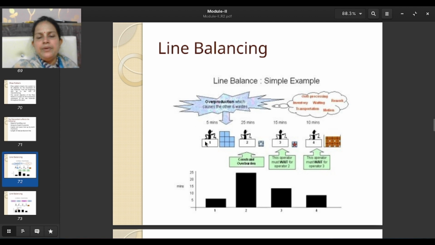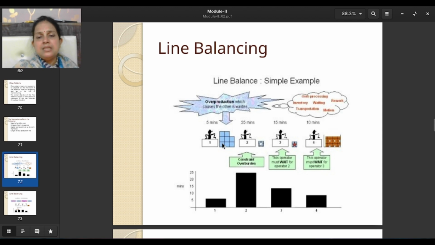So when one part comes from this workstation to this workstation, in the first workstation it is completed in 5 minutes. But in the second workstation, the person is taking 25 minutes. So here the third person will be waiting for the second person to get the job or the product. So the waiting time between the second workstation and the third workstation is more, because this person is able to complete within 15 minutes.